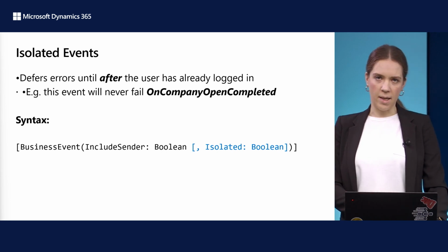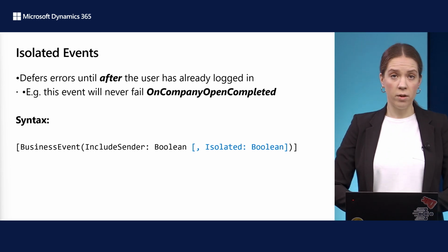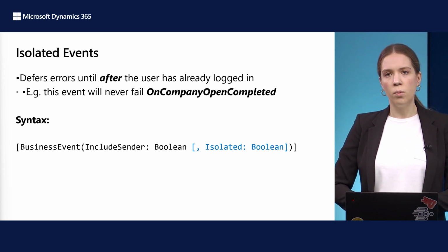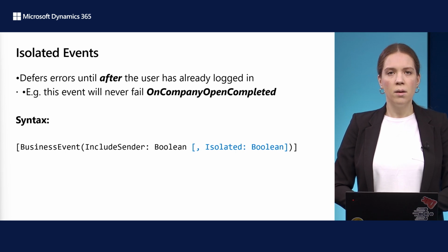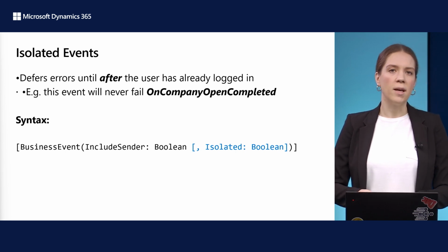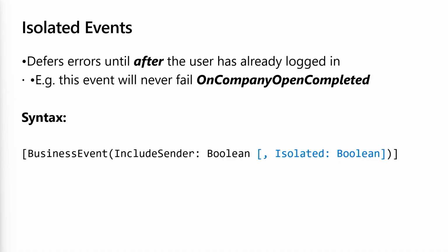When it comes to the syntax, it is very straightforward. Only the new Boolean flag isolated was added to existing event syntax. So in this example, in this slide, we can see that the existing business event attribute just got another parameter added to it called isolated.